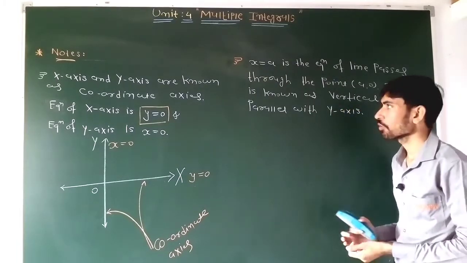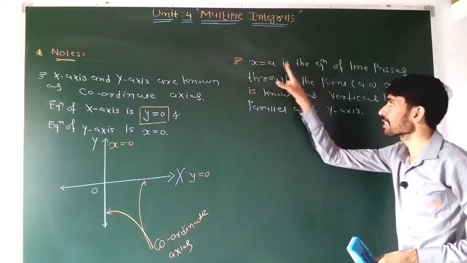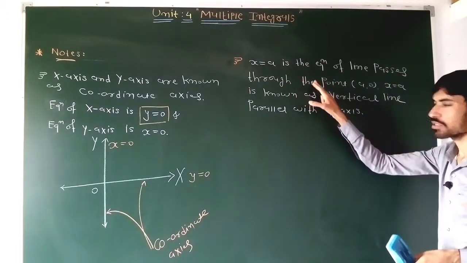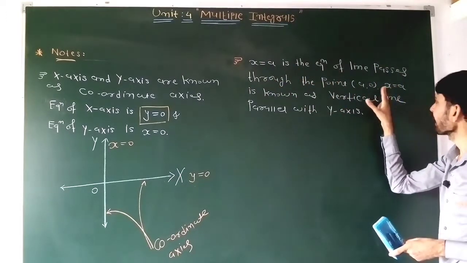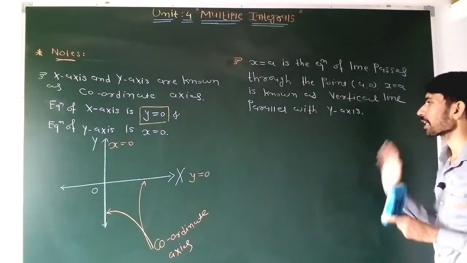So what is the second note? X is equal to a is the equation of a line passing through the point (a, 0) and x is equal to a is known as the vertical line.